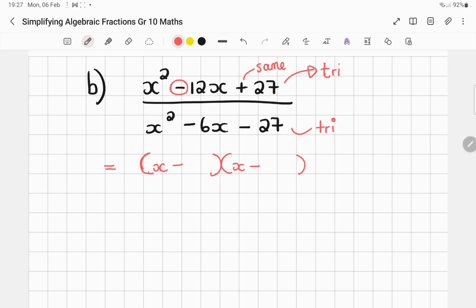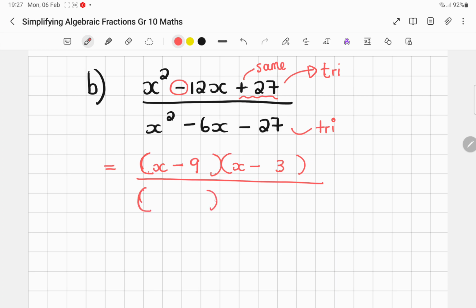You've guessed it, 9 times 3. Always write the biggest number first. Now you test yourself. Minus 9 minus 3, if you just had to do the sum straightforward, does give you negative 12. And if you multiply, negative 9 times negative 3 does give you positive 27.